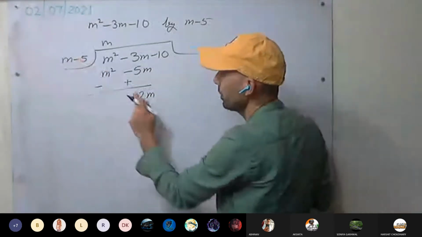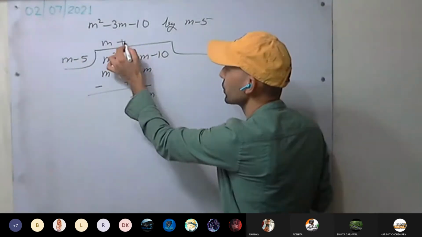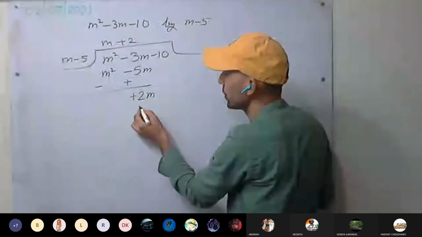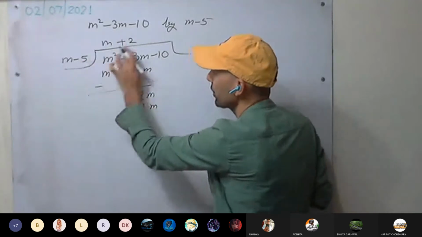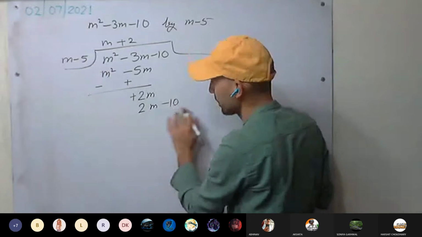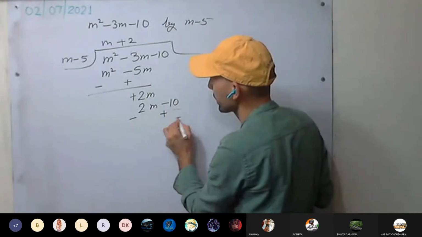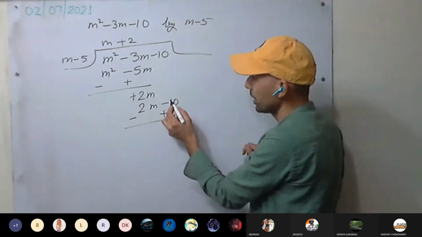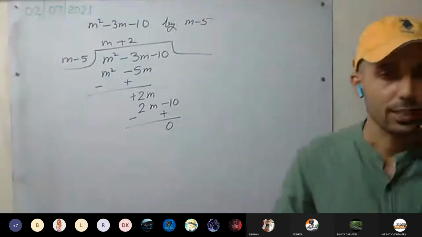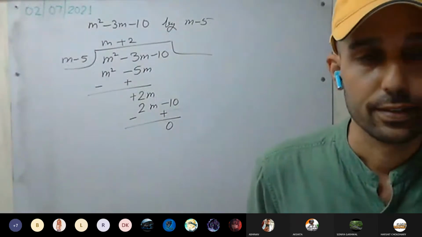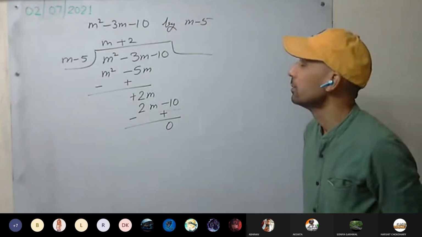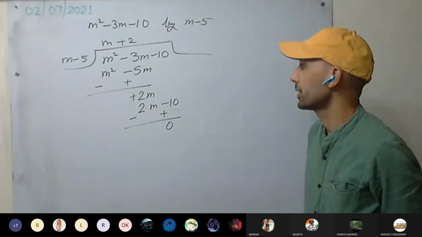M plus 2. Now multiply this with 2. M into 2, 2m. Minus 5 into 2, minus 10. Minus, plus: 0, minus 10 plus 10, 0. Check your answer as well. Verify it. Dividend must be equal to divisor into quotient plus remainder.